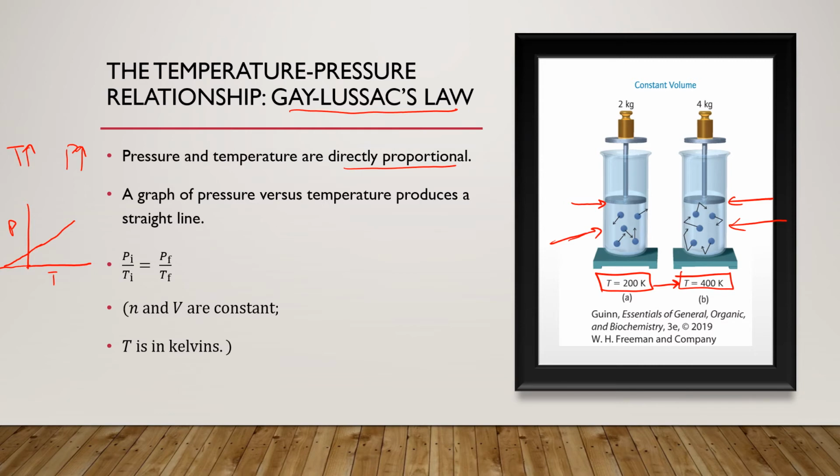Because the temperature went up by double, in order to maintain the same volume, we have to increase the pressure by the equivalent amount. So pressure also has to go up by double, and only then will the volume be maintained constant. In other words, if the temperature of a gas goes up, the pressure also goes up. When doing calculations using Gay-Lussac's law, temperature must be given in kelvins.